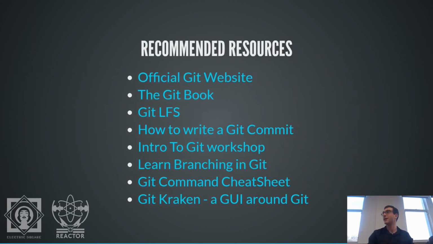So here's a list of recommended websites. I'm going to send out an email with a link to these as well. The official Git website is where you can download Git from. The Git book is really good if you want to learn more about the internals especially. Really recommend this article on how to write a Git commit. There's also an intro to Git workshop I gave when I was at uni, which goes over more of the basics of how to use the command line interface.